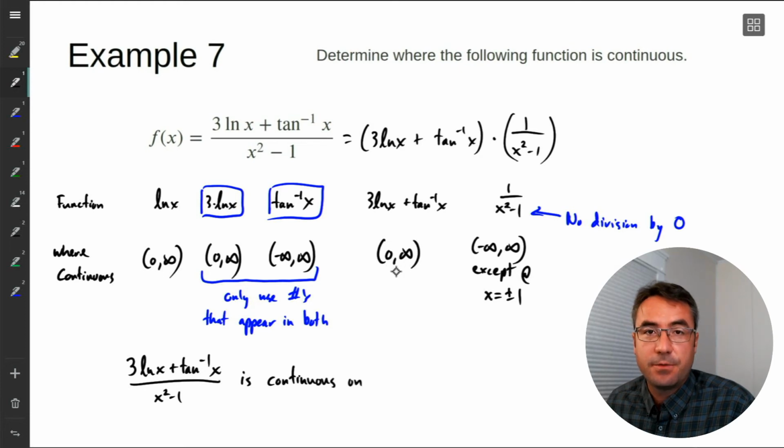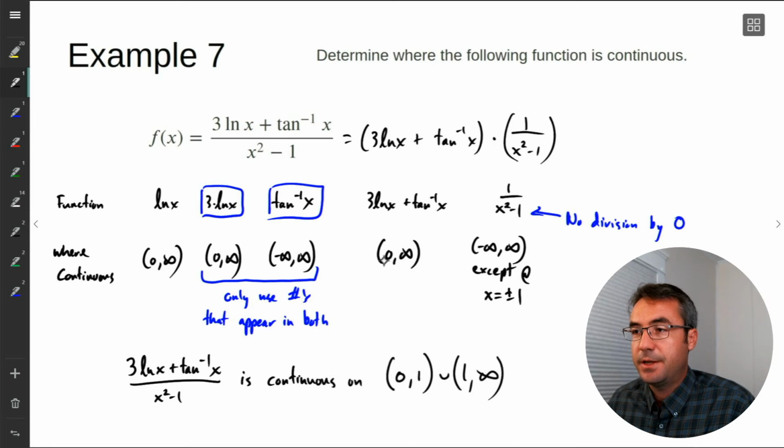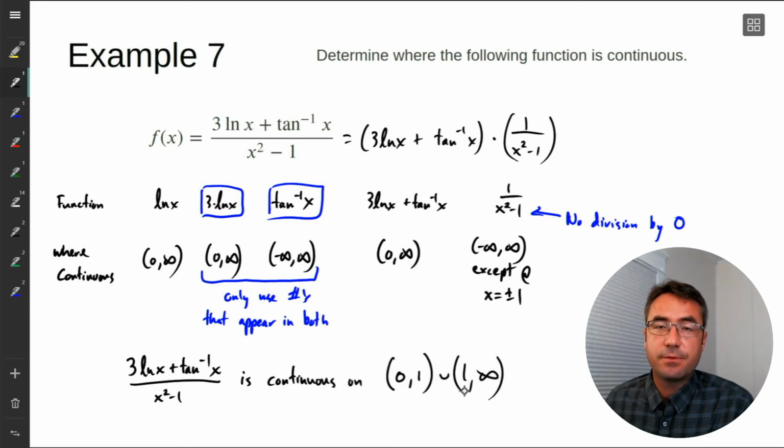So from the first interval, we have to throw out all the negatives and 0. Our domain here is going to start at 0, and then as we move along the x-axis, we have to throw out positive 1, and everything else is okay. So this function is continuous on the interval from 0 to 1, union with the interval from 1 to infinity.